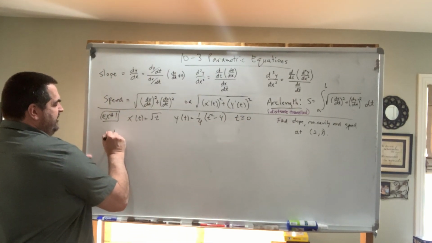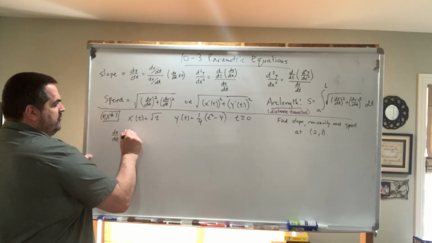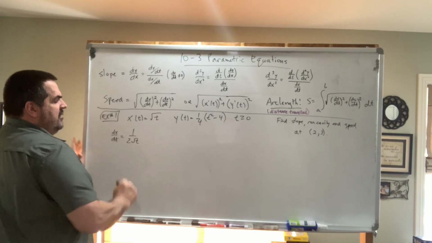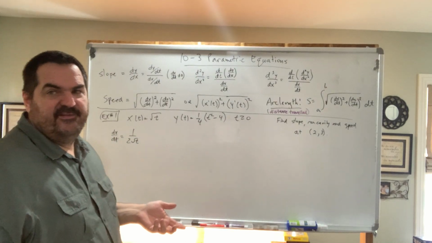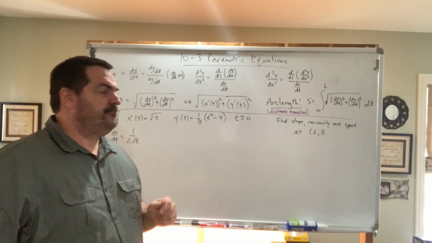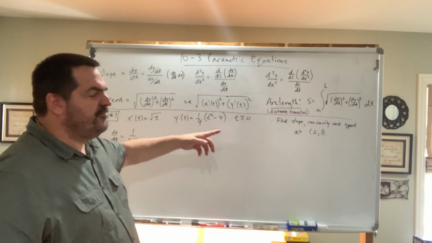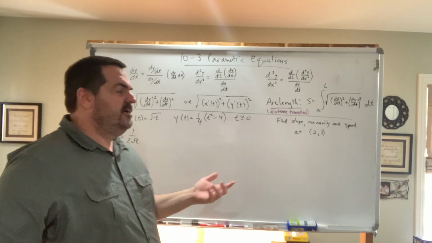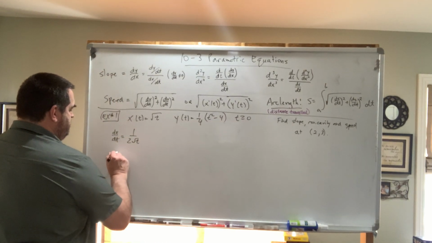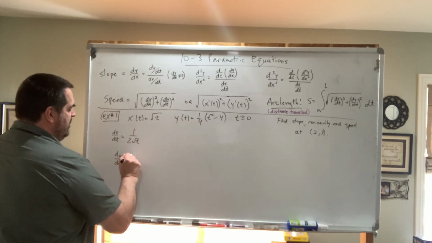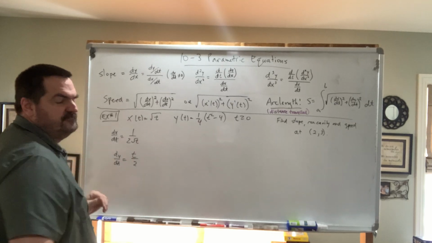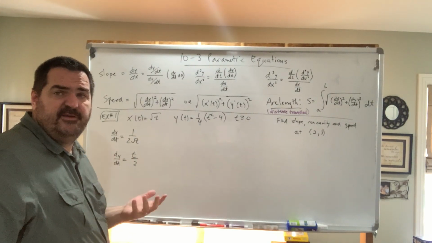Remember, if we find dx/dt, it's 1/2 t to the negative half, or 1/2 radical t. Taking the derivative of this one, if I distribute in first, it's just t over 2. So dy/dt is t over 2. Now we have to find slope.